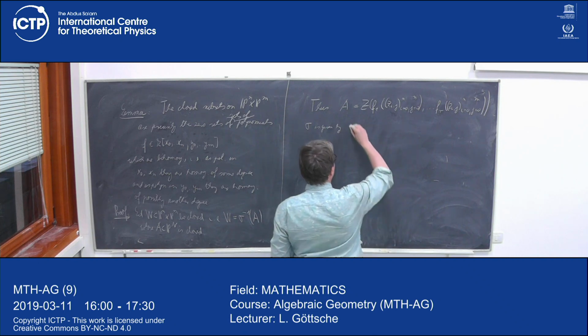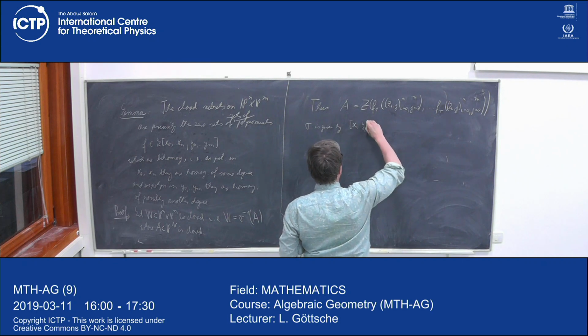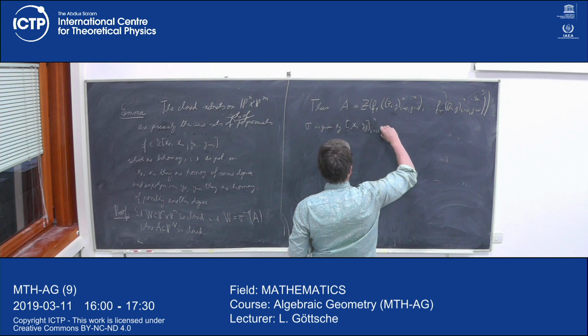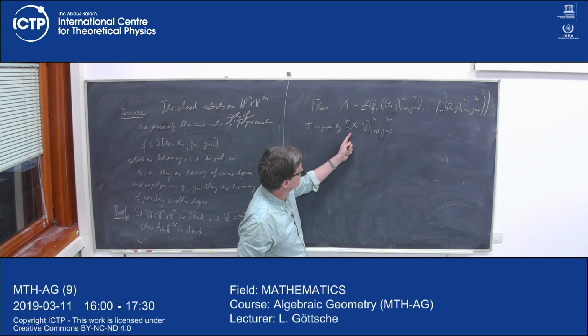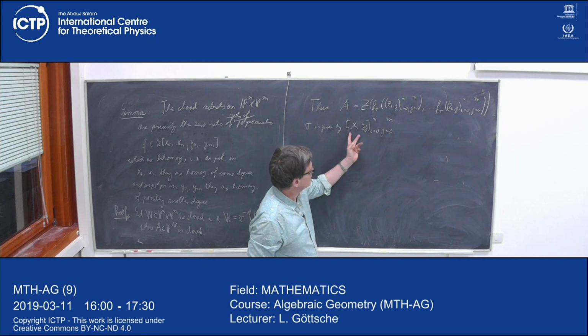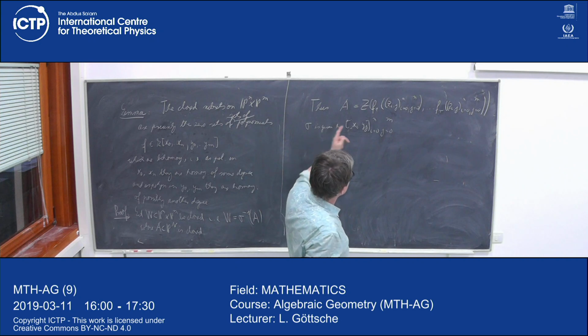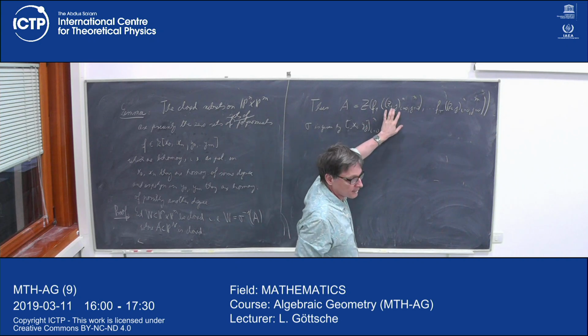So it's given by xi yj, i from 0 to n, j from 0 to m. So a point (a_i, b_j) is sent to this. What then is the pullback of this function?